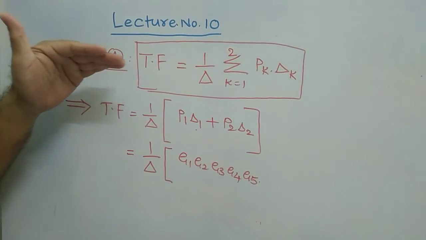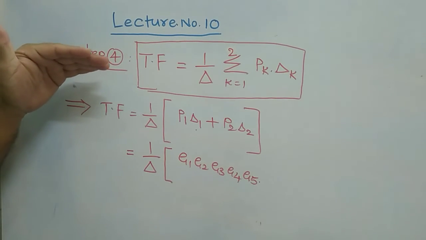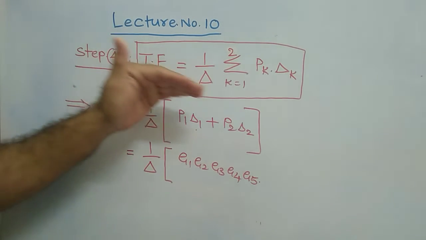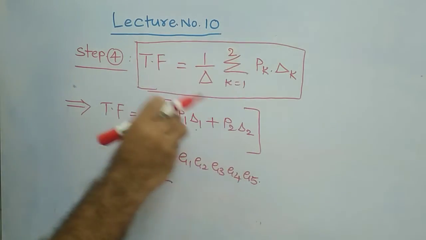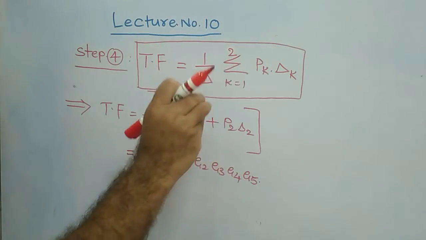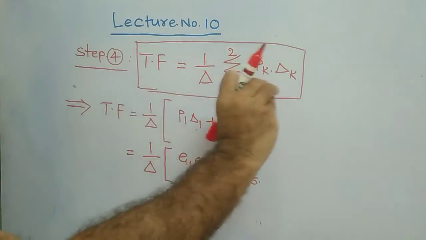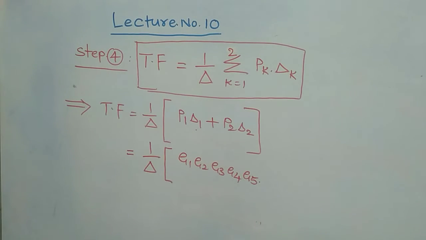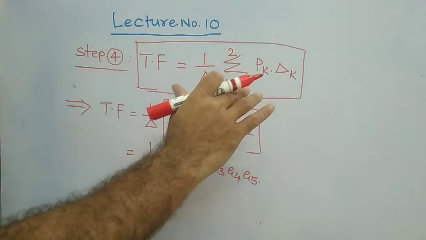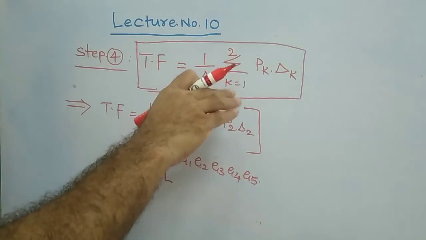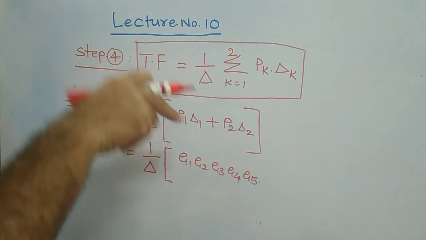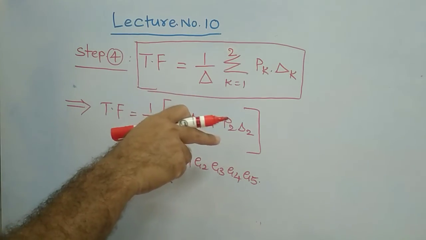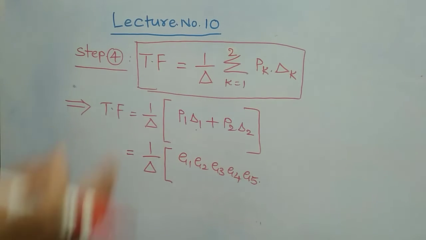For the first forward path, among the available loops, is there any loop which is not touching the first forward path? There are 4 loops available in the signal flow graph. All these 4 loops are touching the first forward path, is it not? If any one were not touching that forward path, then you would have some value for delta 1.